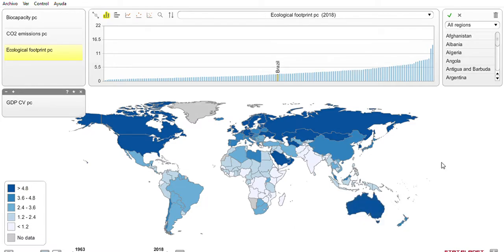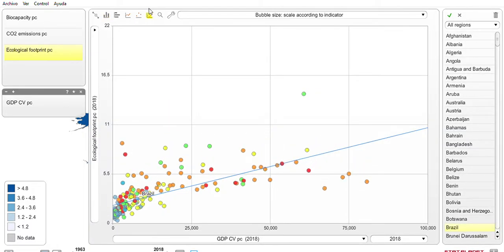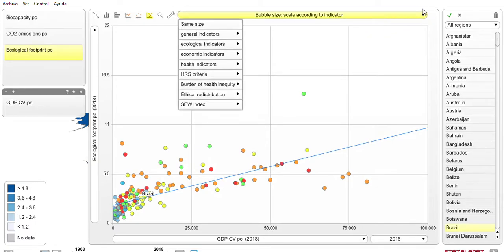There's also a high correlation, but we will see this better in the correlation graph, where we will look at the three of them and see how they correlate with one another.